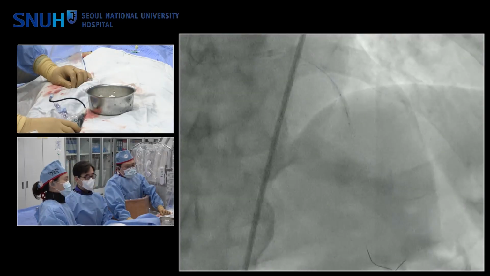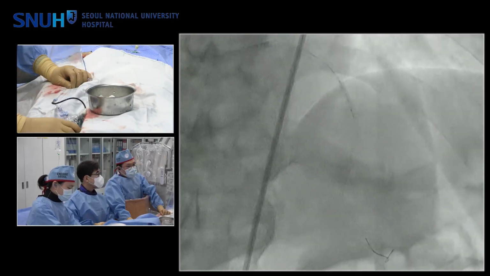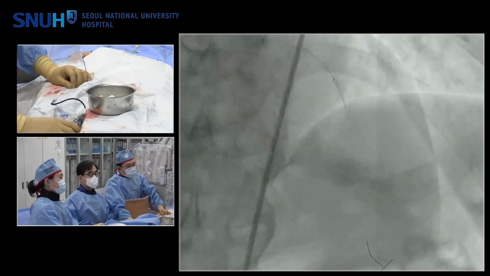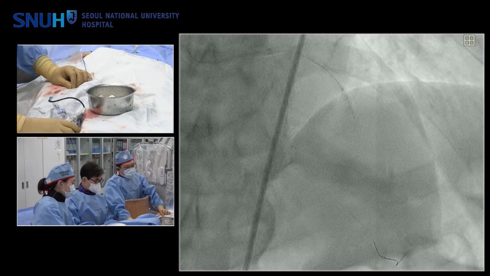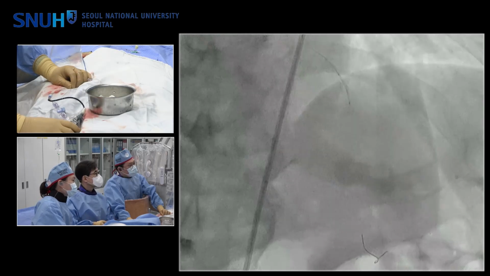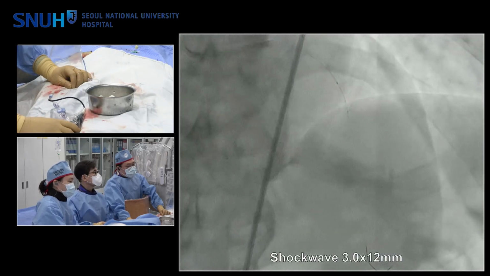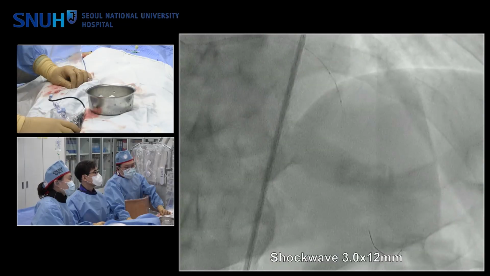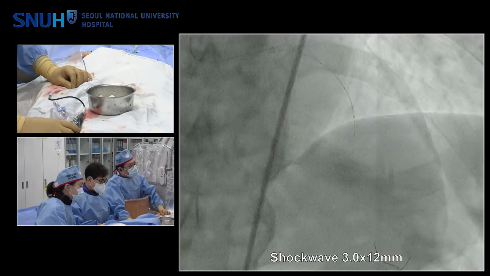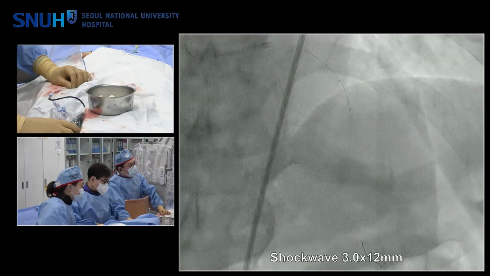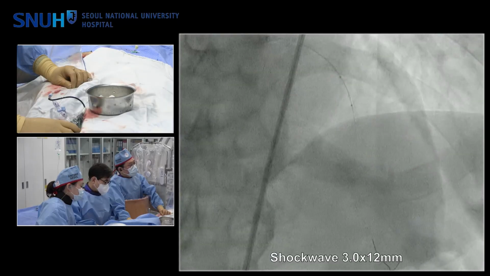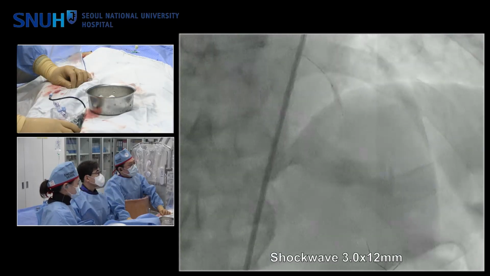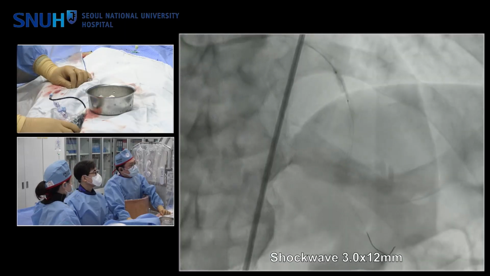What's your choice for this lesion? In this case, for the distal part, I'm afraid whether IVL balloon delivery is possible or not. And for example, in the left main, deep calcium is detected, but IVL is probably not effective there because the opposite side is very healthy.